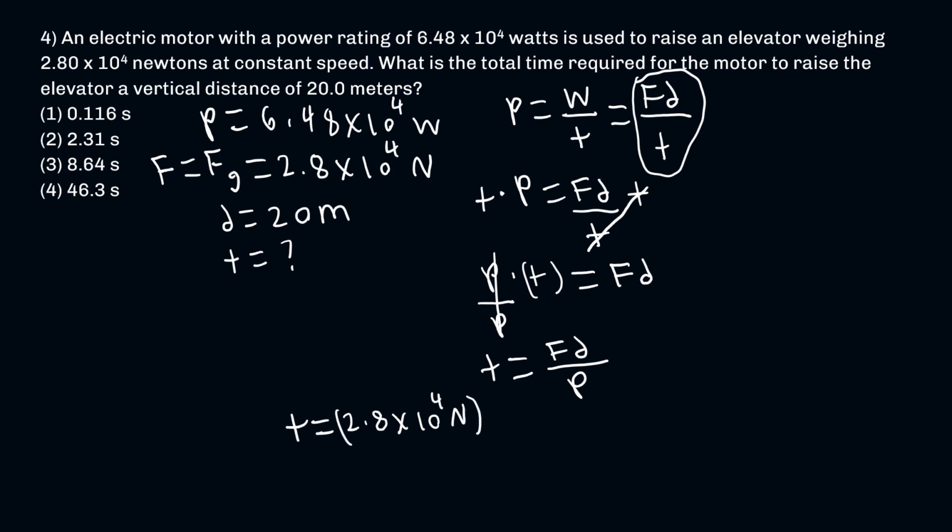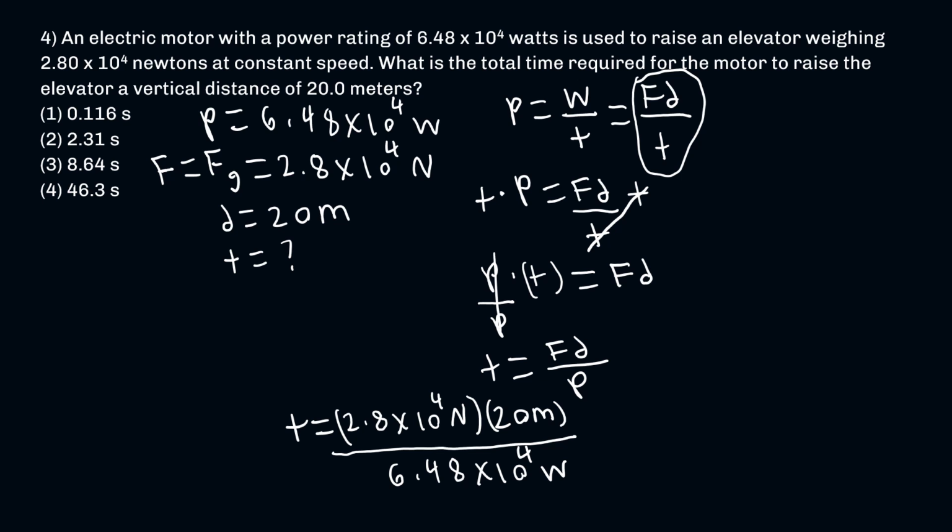That is then multiplied by my distance that I raised the elevator. That is 20 meters. All over my power rating of the motor, which is going to be 6.48 times 10 to the 4th watts.